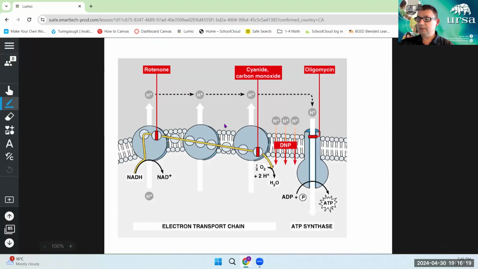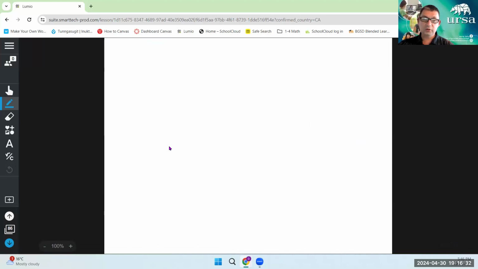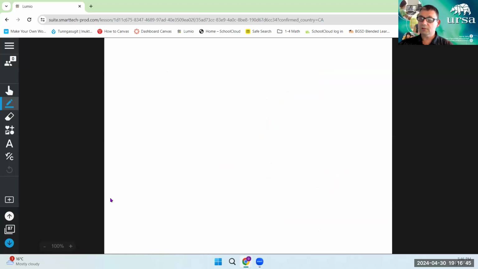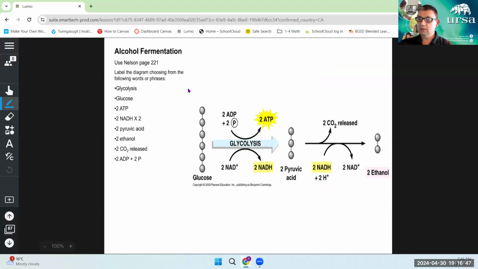And again, just by way of an example, when you have cyanide or carbon monoxide, this interferes with the ability for the protons to be utilized. As a result, the electron transport chain gets interrupted, and this creates obvious problems in your ability to utilize and produce energy. And while this is an oversimplification, you know that coenzyme A enters in and also NADH. These are all things that are part of the process which you already looked at previously.